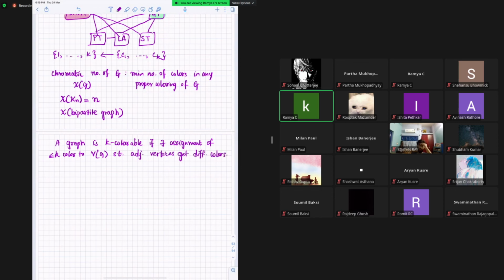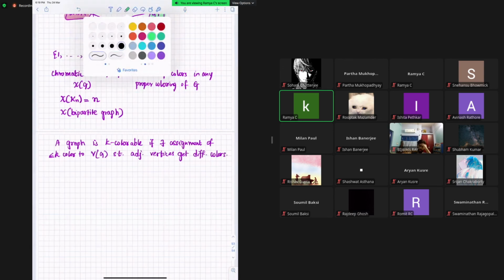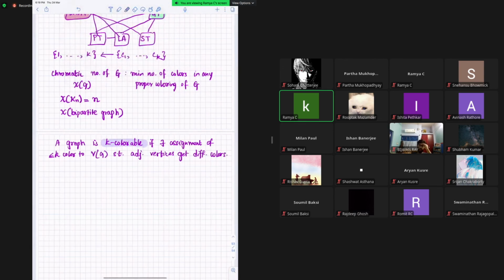So in this language, suppose a graph is two colorable. Then what can you say about the graph? It is bipartite. The first thing that we saw is that any bipartite graph is always two colorable.